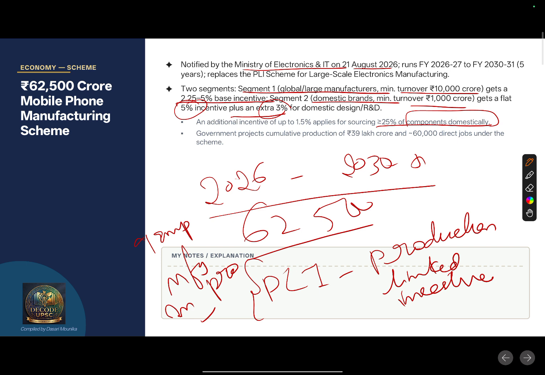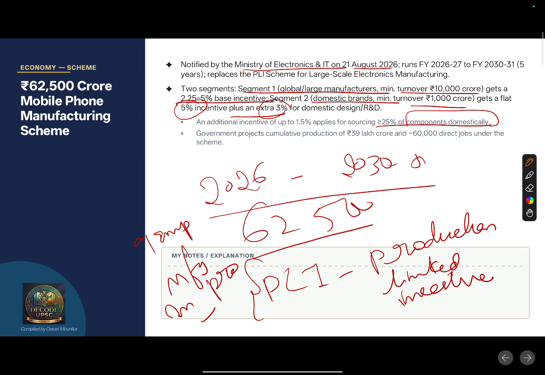That is why the focus is not only on assembling the products but also on strengthening the broader supply chain. For mains, you can connect such schemes with Make in India, Atmanirbhar Bharat, employment generation, technology development, and domestic supply chains. Okay, so clear? Is it okay?